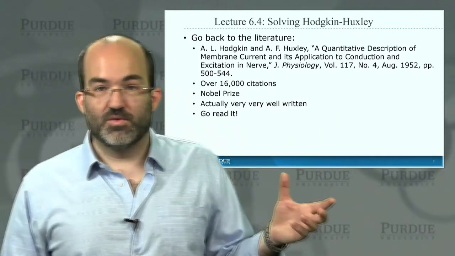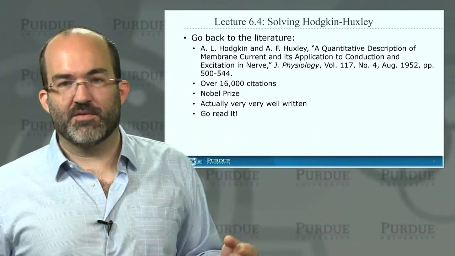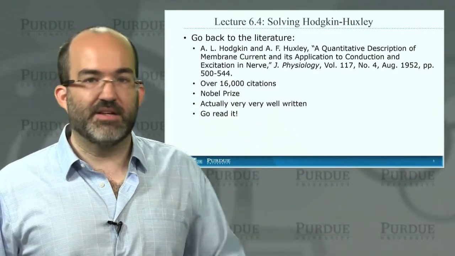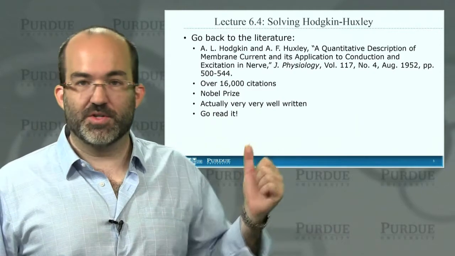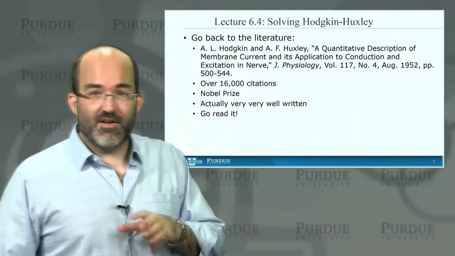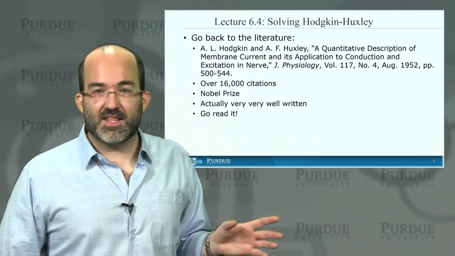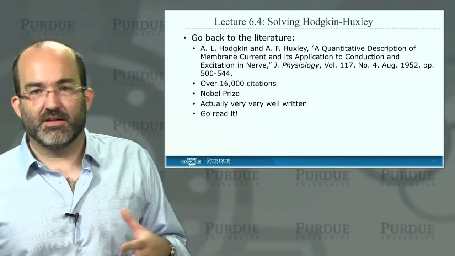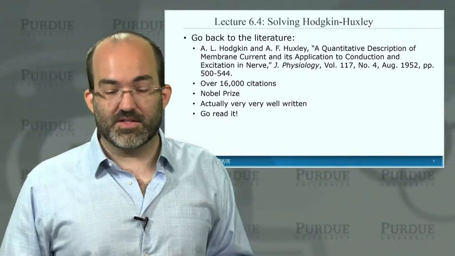I encourage you, consider it required reading for the course, to go and download a copy of that paper. It's freely available all over the web. Just Google the title and you'll find it. Download it and read it. It's a fabulous paper. It's got over 16,000 citations. It's transformed our understanding of the modeling and behavior of electrical activity in excitable cells.